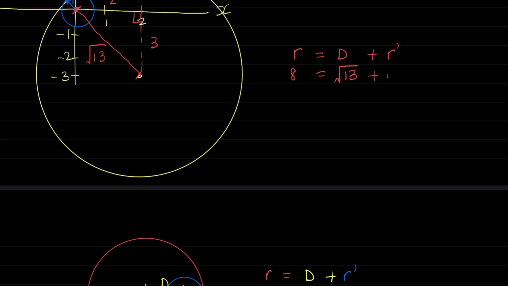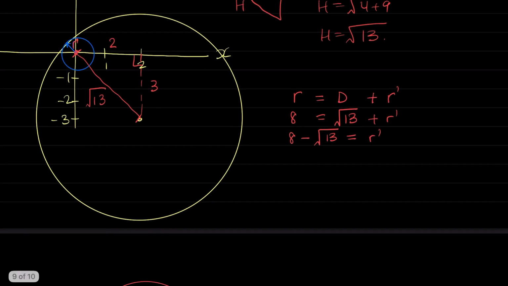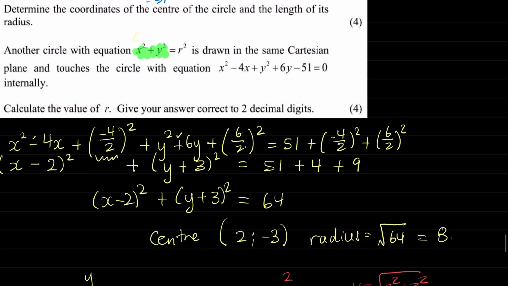Now all we need to do is transpose. So 8 minus the square root of 13 is equal to R prime. That's the length of the radius that we want. And so we just calculate this and we get 4.39, and that's our R prime. That is the length of the radius of the small circle. So the answer here is 4.39.